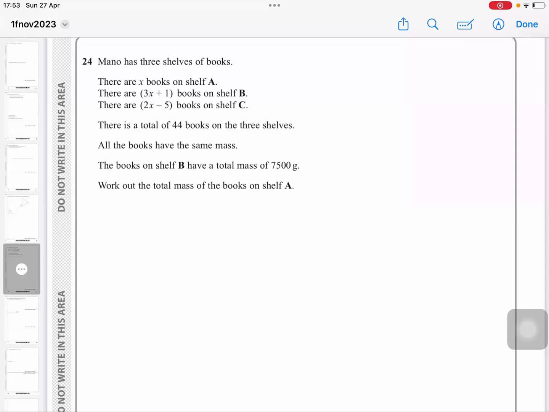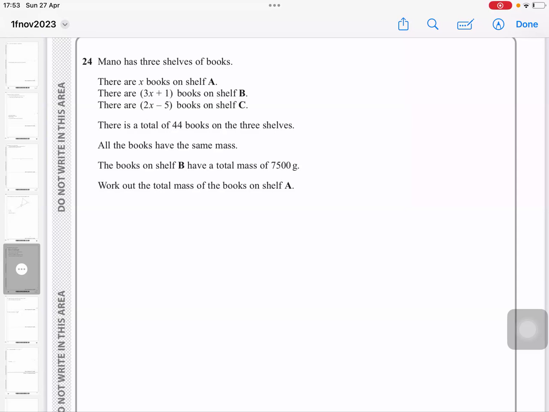If you don't know the value of X, there's no way you can find out the total number of books on shelf A, because you would need to use that value of X and find out how many books there are on shelf B. In fact, let me even see if we can avoid finding what X is, and somehow, okay, no. It looks highly improbable that we can find that. So you know what we're going to do? Let's hit the road. Let's find X.